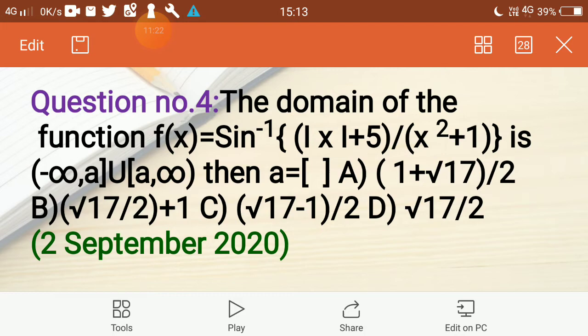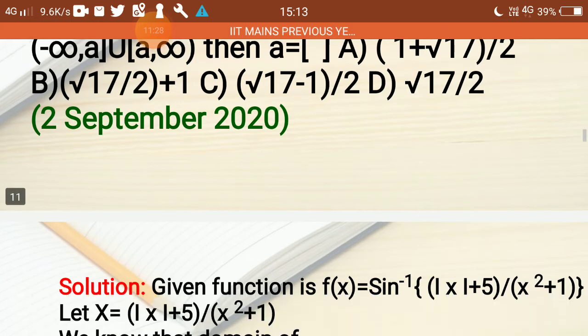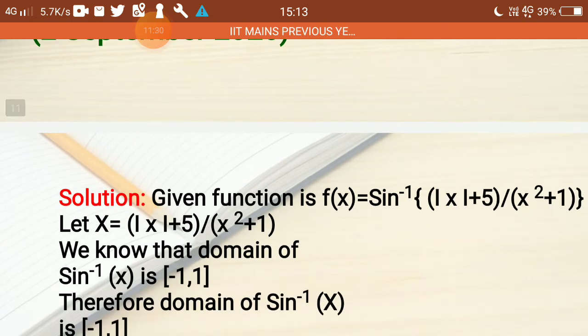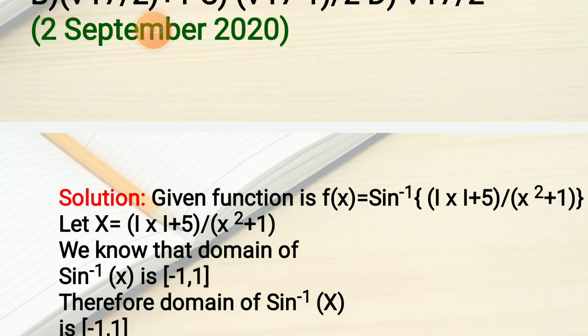This was asked on 2nd September 2020. So here the given function is f of x equal to sine inverse of (mod x plus 4) by (x square plus 1). But we know that the domain of sine inverse x is the closed interval minus 1 to 1 and the range is minus pi by 2 to pi by 2.